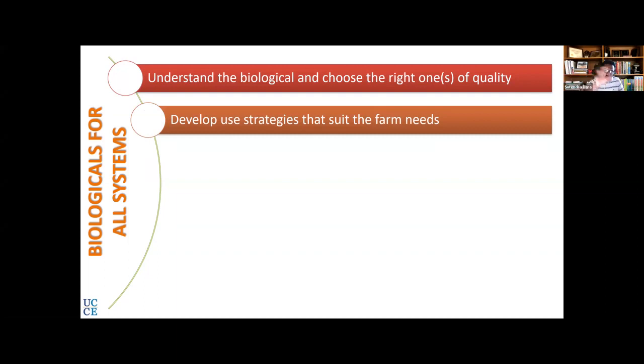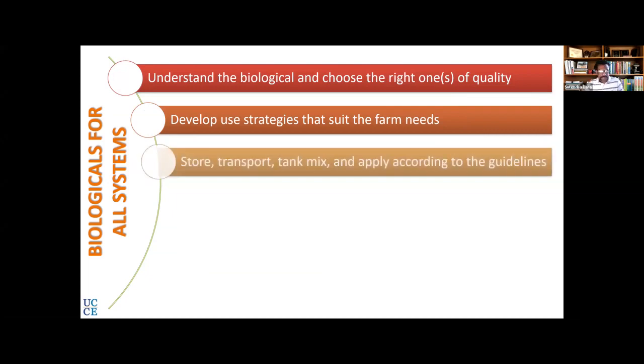We can pick and choose what fits my budget, what fits the crop situation or the target pest or disease, or if it is a biostimulant for agronomic purposes, we need to look at all those and use which one would be more successful. And again, storing and handling, and following all those guidelines to keep them viable and maintain their efficacy.